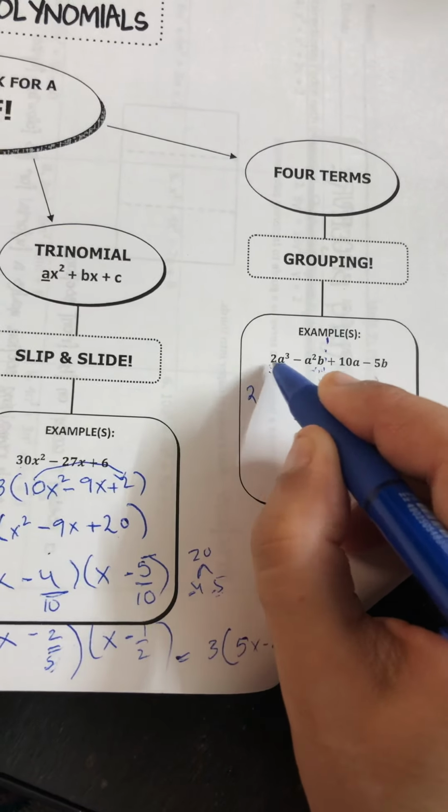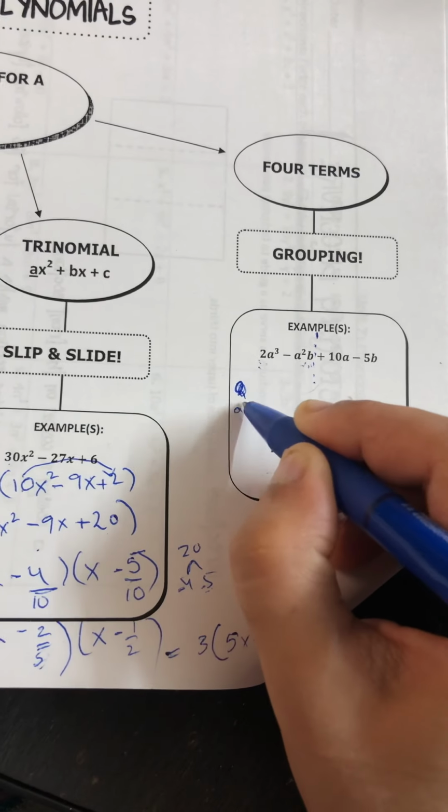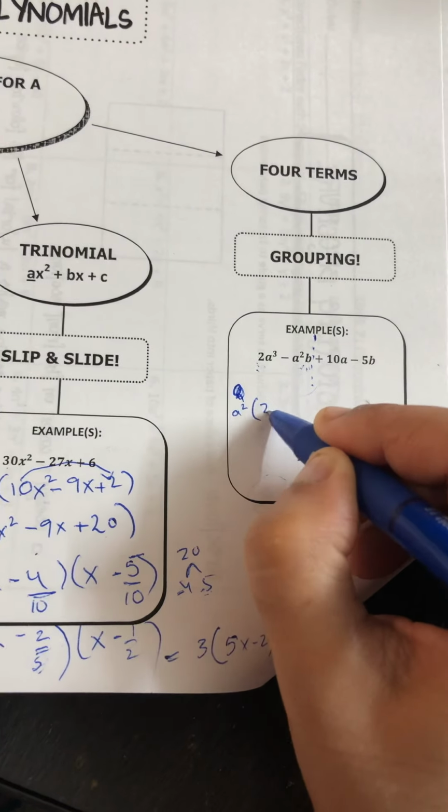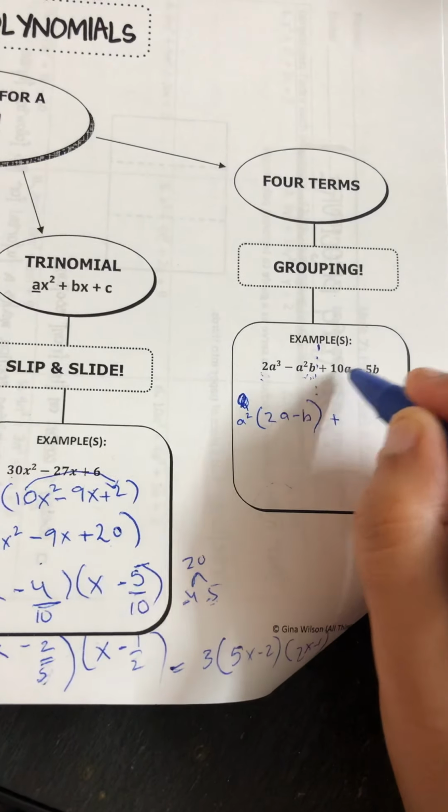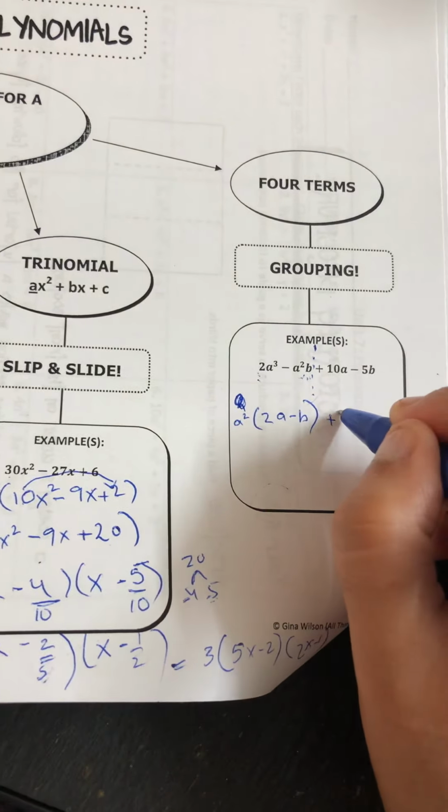Whenever the variables are common, look for the least power, a squared, and I have 2a minus b, plus I'm going to factor out 5 here, I get 2a minus b. Make sure you have the same binomial here. Once you get the same binomial, then you make one of the common binomial and one of the remaining GCFs. Okay, this is how you do it.